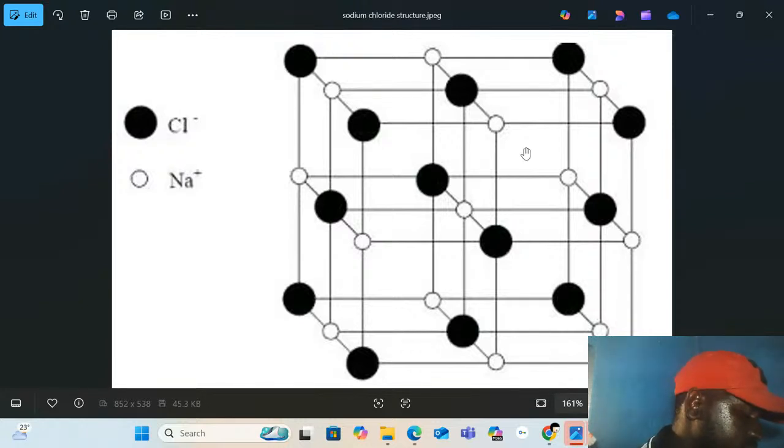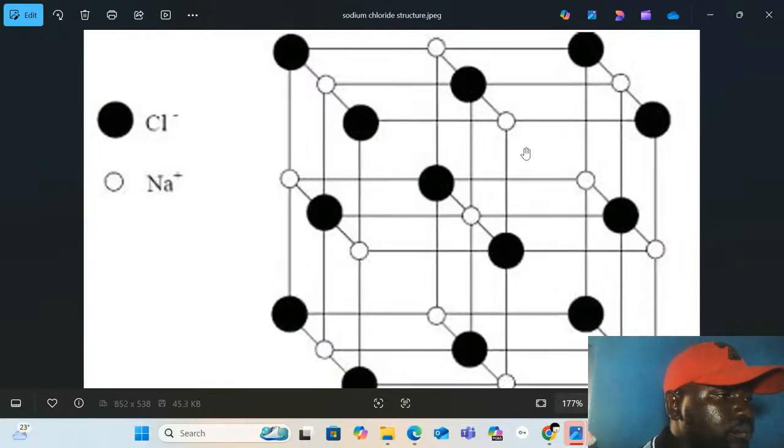Vice versa, each chloride is surrounded by 6 sodium ions. So this structure keeps on repeating itself.